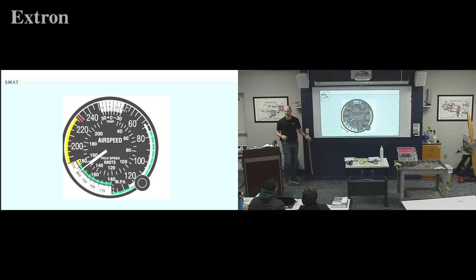Okay, you with me so far? All right, so I can just do the math for knots now. 1 mile per hour equals, I should have done this the other way around. It's 1 divided by 1.15 knots. The other way would be to say 1 knot, KTS, equals 1.15 mile per hour.